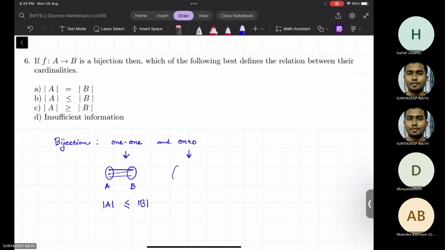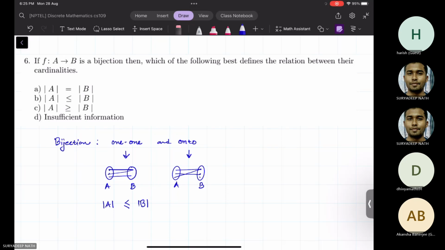So you have again a set A and set B. What does onto mean? It means that every element in B has a pre-image in A. So again, they can have at least one. They can have multiple pre-images also, but every element in set B has at least one pre-image.